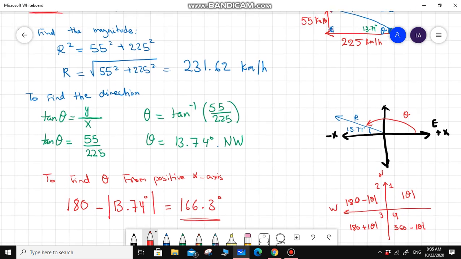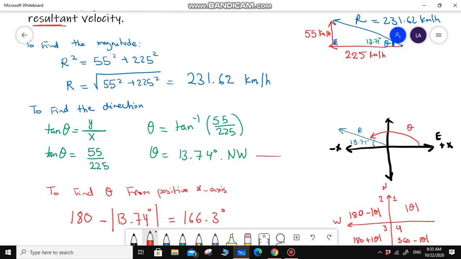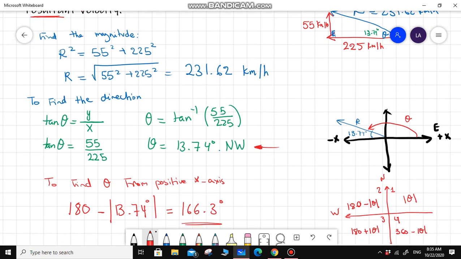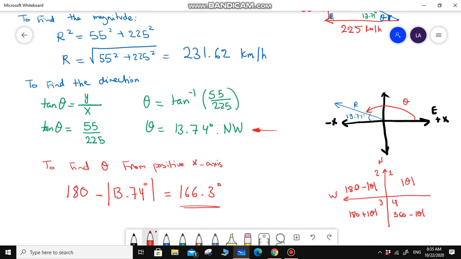We can stop here. In some books they stop at this point, but we can also, to make the direction super clear, go and all the time describe it from the positive x-axis, and this is the way that we will be working together, inshallah.